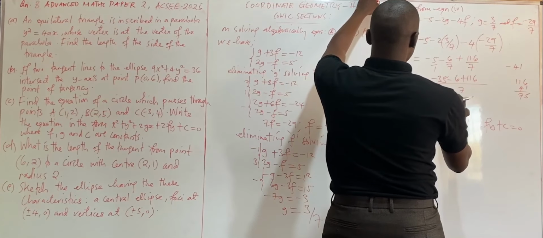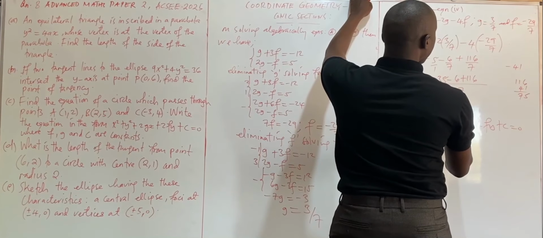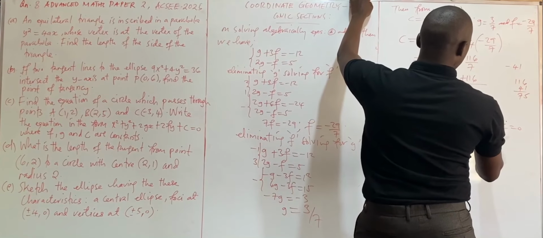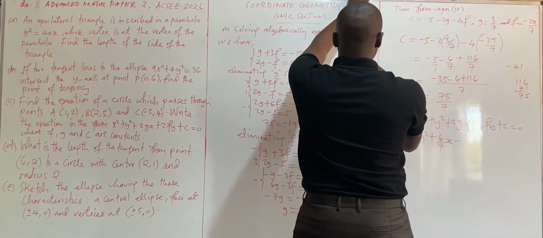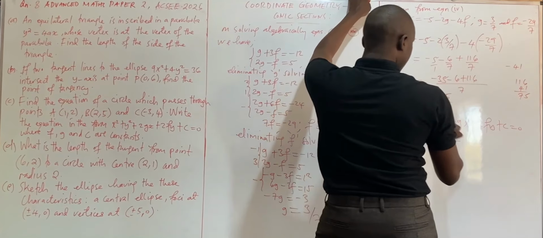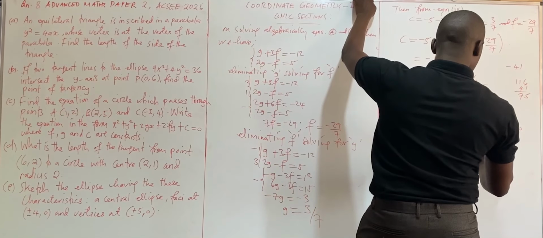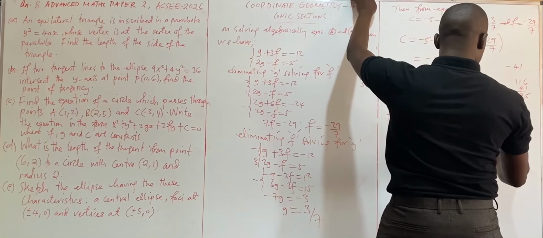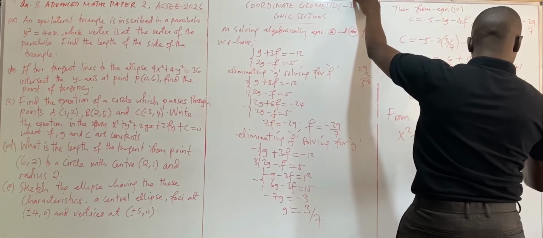The value of g is 3 over 7, so we plus 2 times 3 over 7, which is 6 over 7 x. F is negative, so here will be minus 2 times 29, which is 58 over 7 y. And the value of c is positive, so we plus 75 over 7 equals 0.